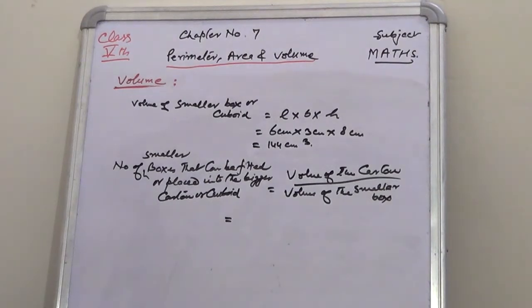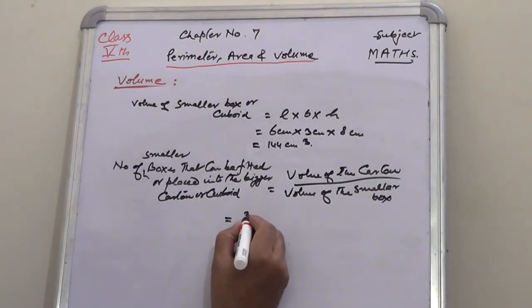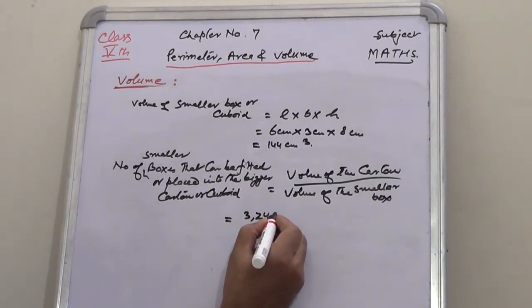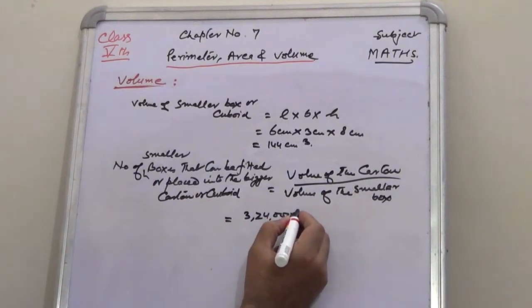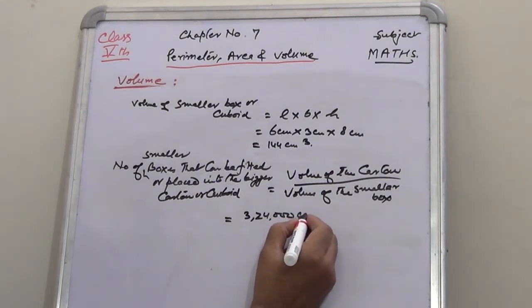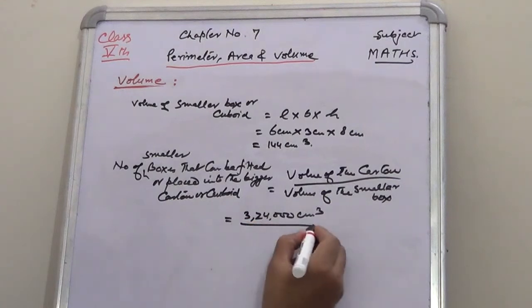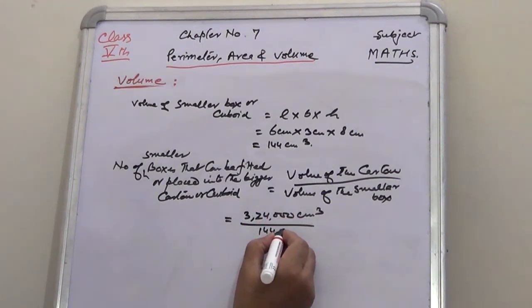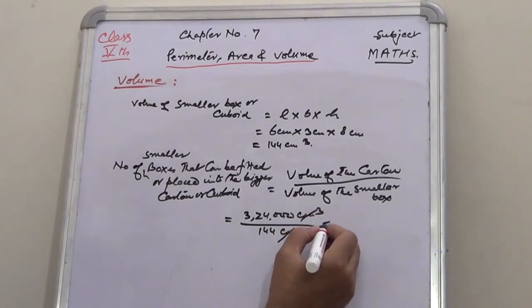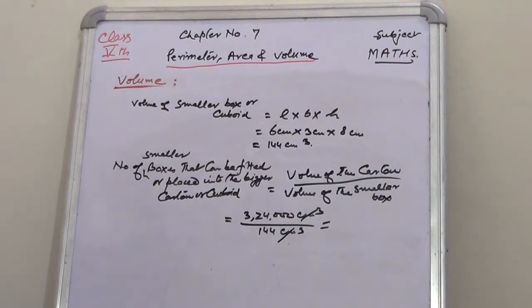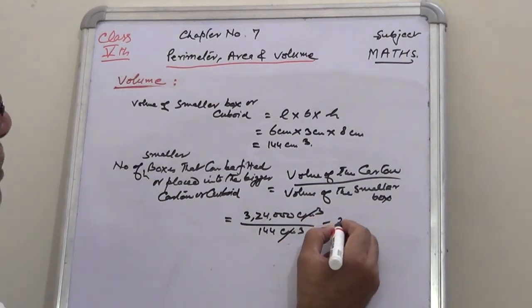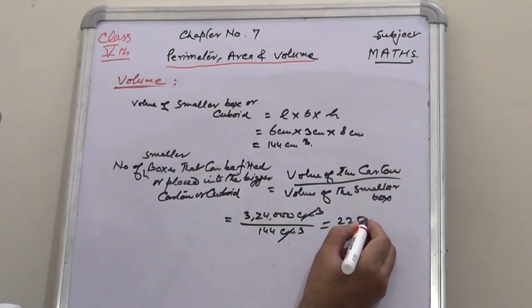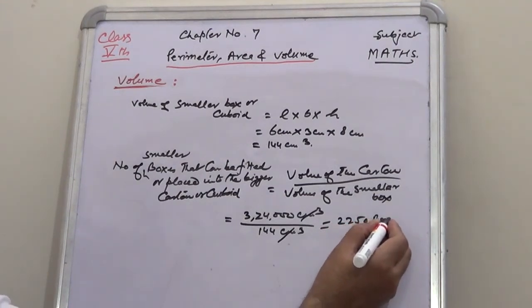The volume of the carton was 3,24,000 centimeter cube, and the volume of the smaller box was 144 centimeter cube. The centimeter cube units are omitted, and the number comes out to be 2,250 boxes.